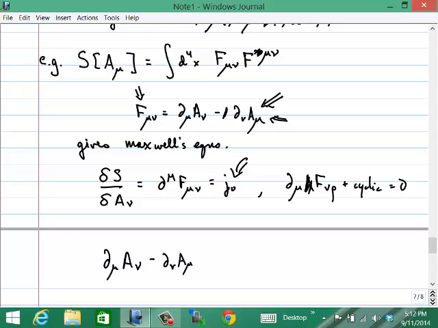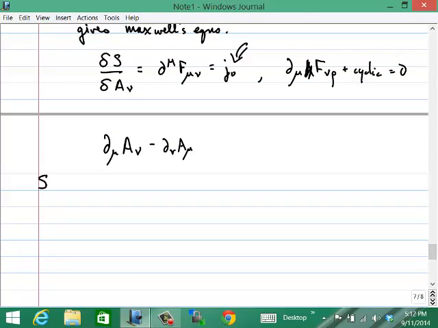But electromagnetism and gauge theories are much more beautiful and easy to think about in that language. I don't think that's something that we'll probably do in this course, though. Okay, other questions?